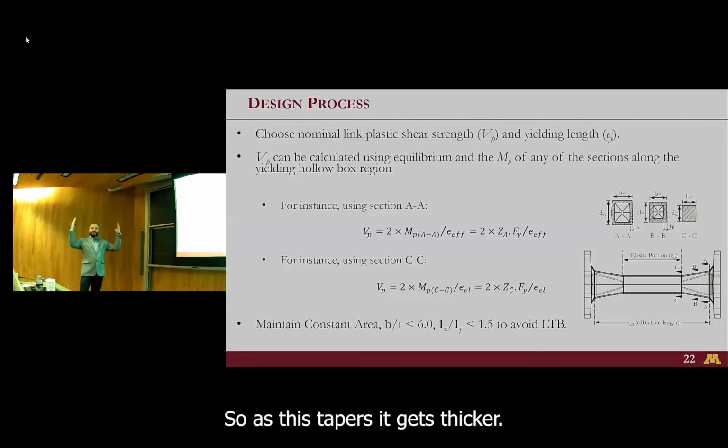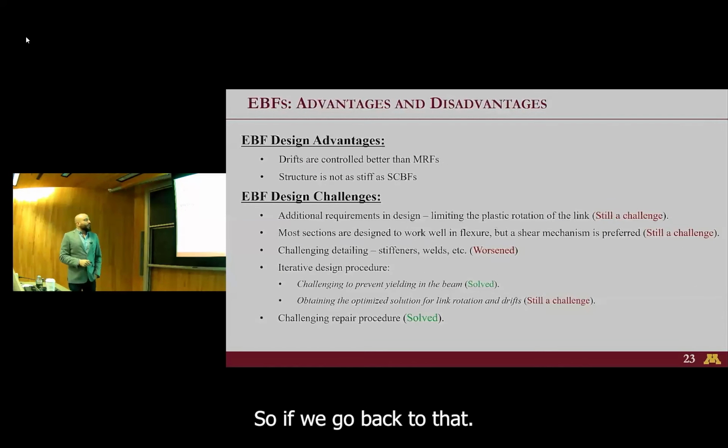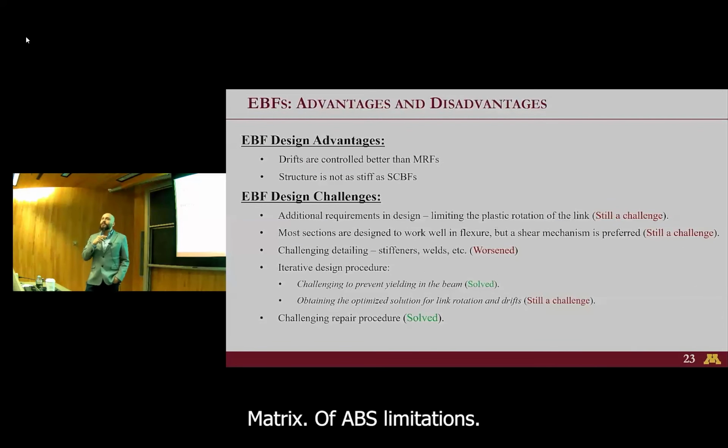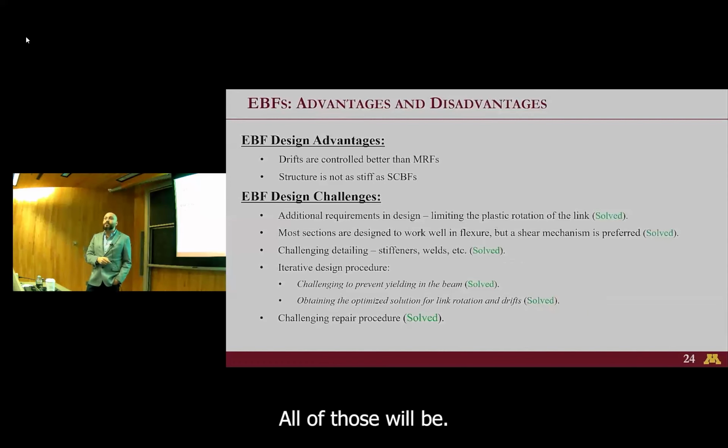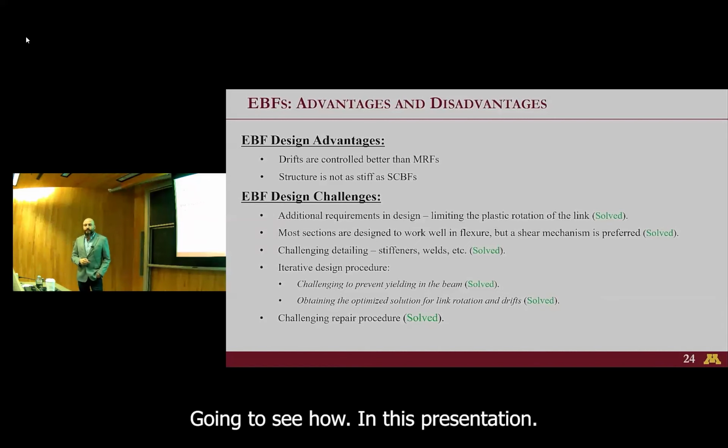So as this tapers, it gets thicker, right? To maintain the same area such that under combined effects of axial load and moment, it would also give us simultaneous yielding. So if we go back to that matrix of EBF limitations or challenges that I mentioned earlier, with our proposed system, we believe all of those will be solved. And we're going to see how in this presentation.